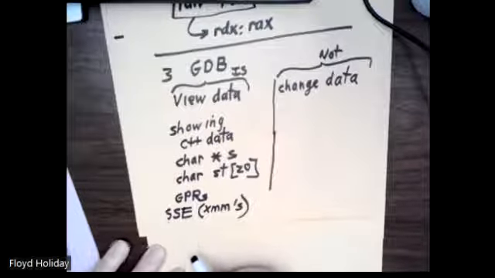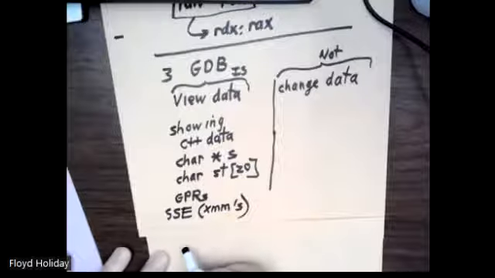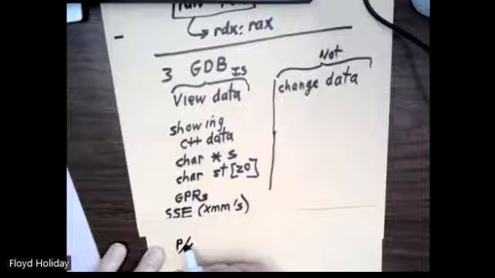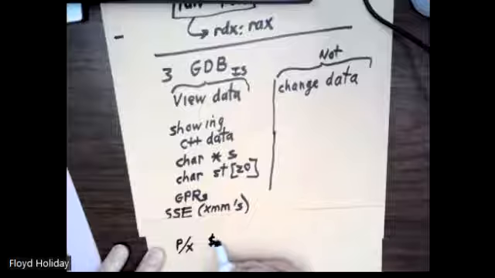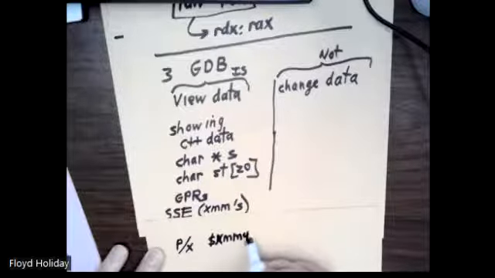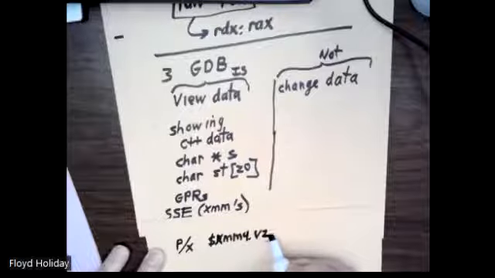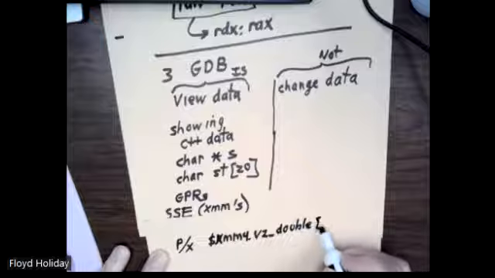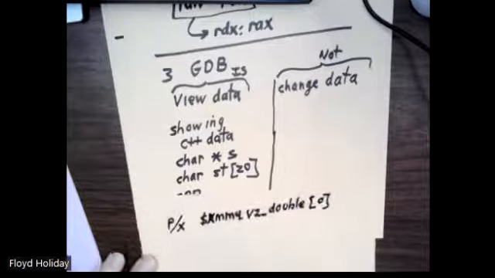If I want to show the value in XMM3, the low end, here it would look like p/x, there's an X, I can't write very well, $xmm3.v2_double[0]. Okay.